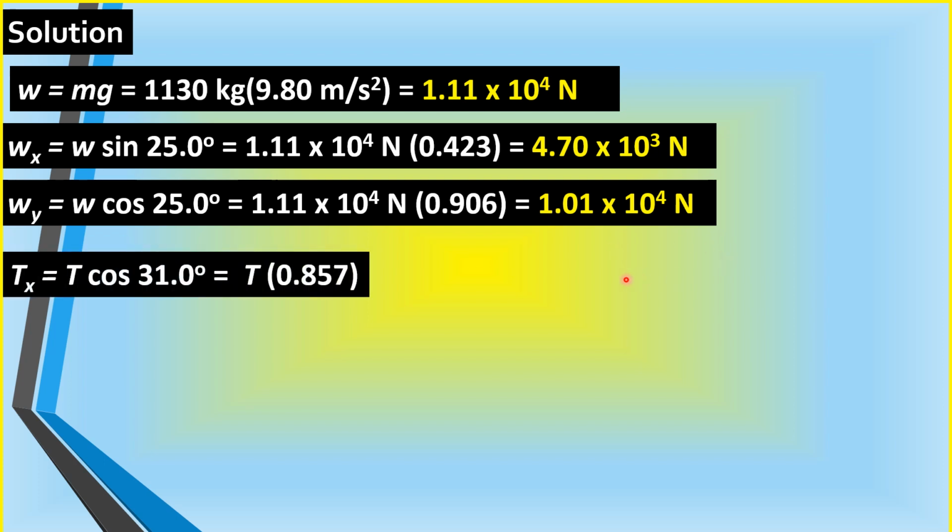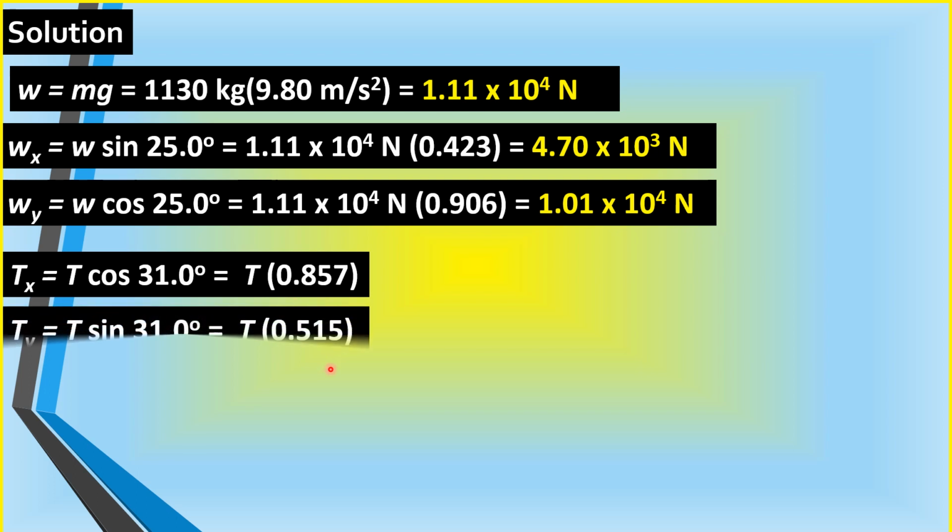We also determine the x component of the tension T. So we express that as Tx equals T cosine of the angle 31.0 degrees. Since we still don't know the value of the tension T, we just let Tx be equal to capital T multiplied by 0.857.